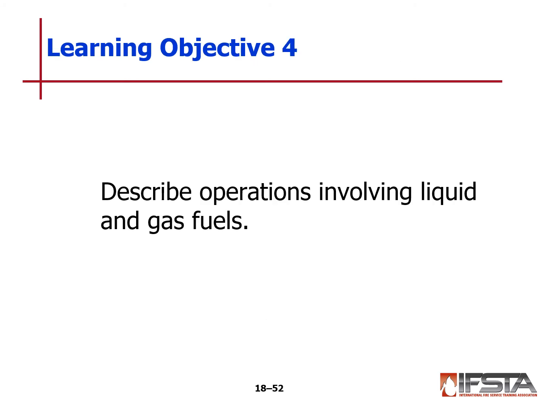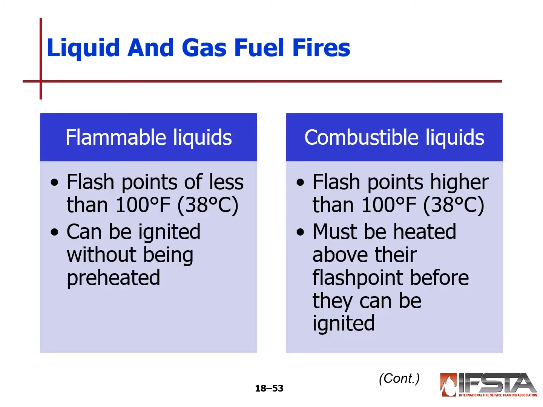Next, operations that involve liquid and gas fuels. Flammable liquids have a flash point of less than 100 degrees Fahrenheit and can be ignited without being preheated. With a combustible fuel, the flash points are higher than 100 degrees Fahrenheit and they must be heated above their flash point before they can be ignited.